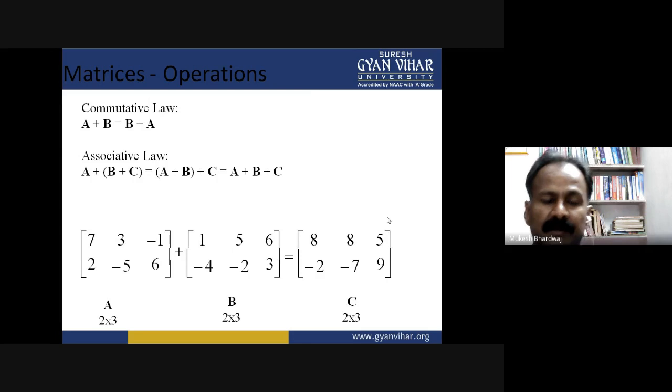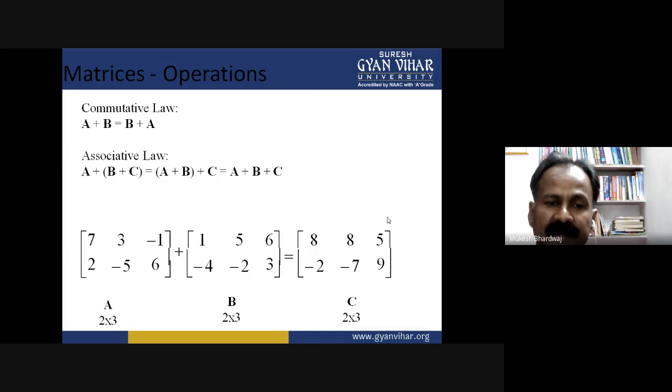Now, for example, take a matrix A of 2 by 3: 7, 3, minus 1, 2, minus 5, 6, and matrix B: 1, 5, 6, minus 4, minus 2, 3, which are added up. As we observe, the order of these two matrices is the same, so they can go for addition.